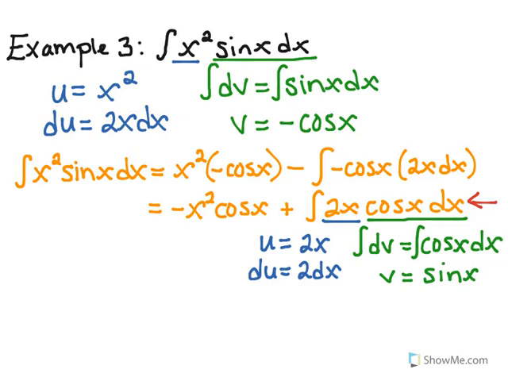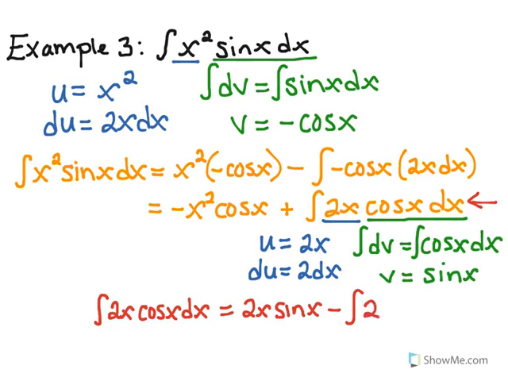And now I need to start doing this out again. So if I focus on just this information, I'll write this part in red. So the antiderivative of 2x cosine x dx will be equal to uv, 2x times sine x, minus an integral of v du, 2 sine x dx.